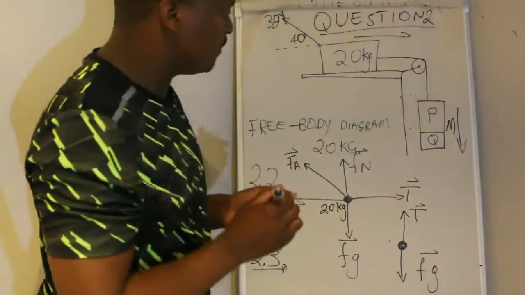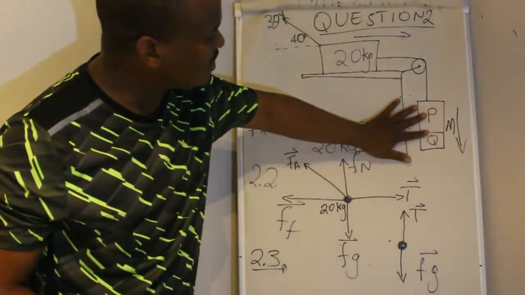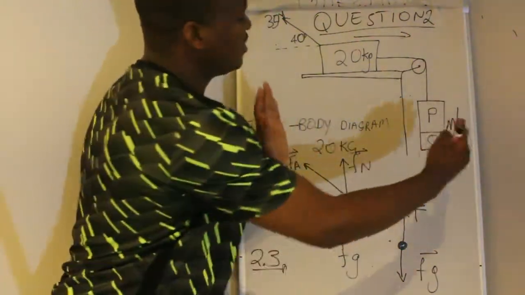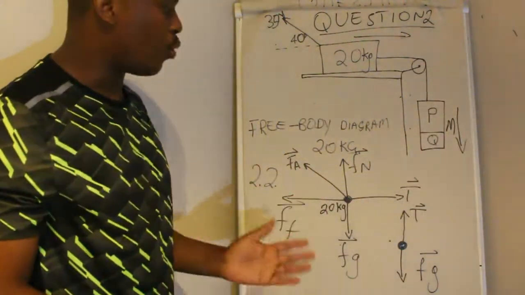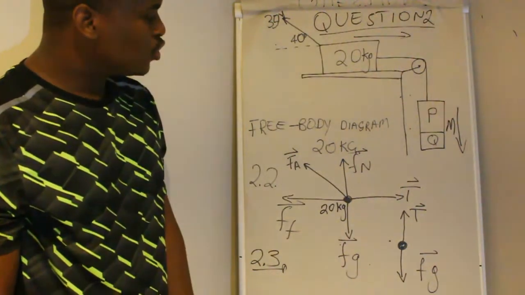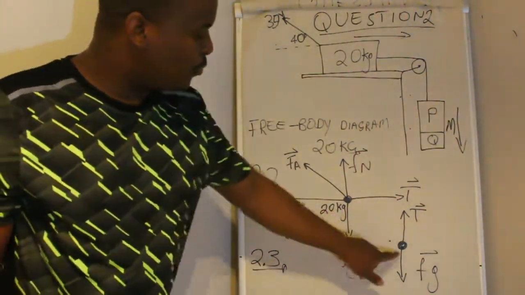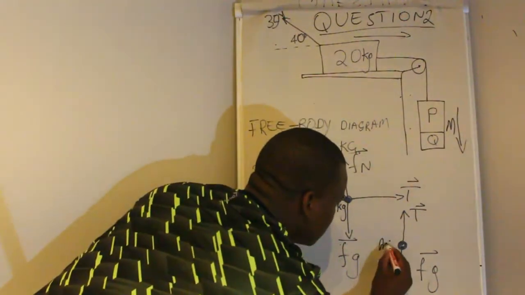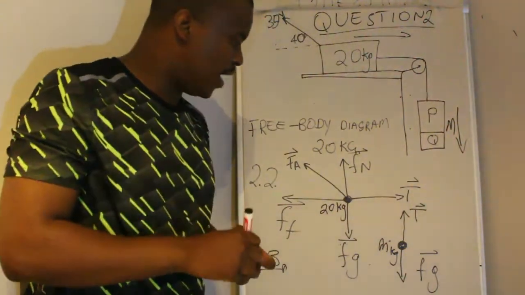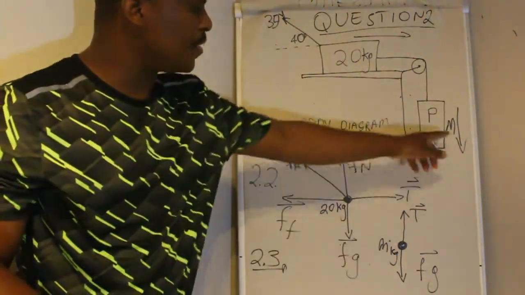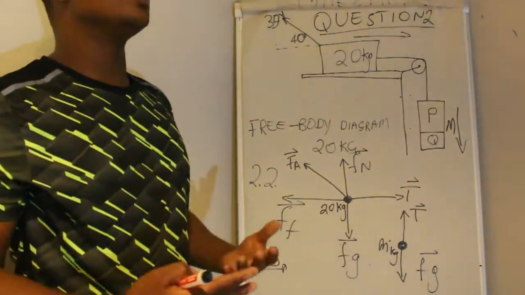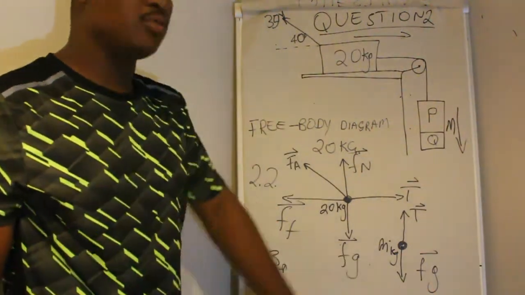There's nothing on the side because no sideways movement was described, so it's only moving in that direction. These two free body diagrams are going to help us continue into calculating that mass. You need these free body diagrams in order to use Newton's second law.